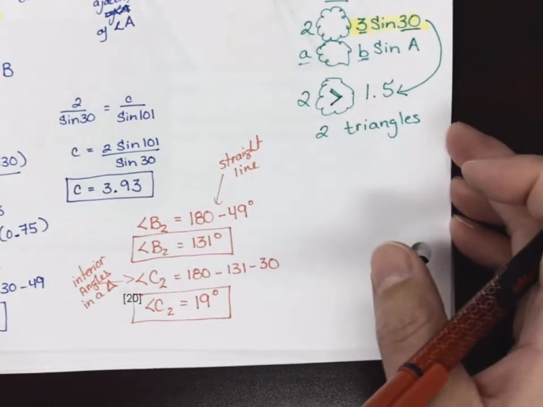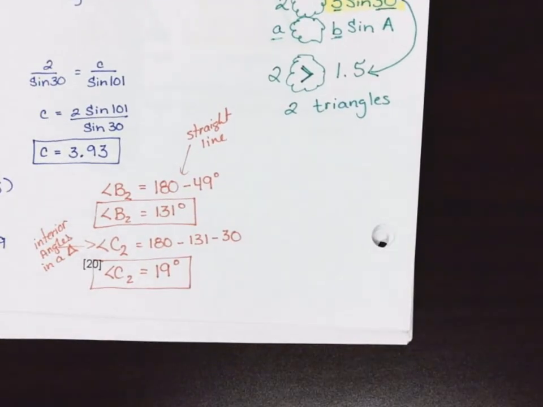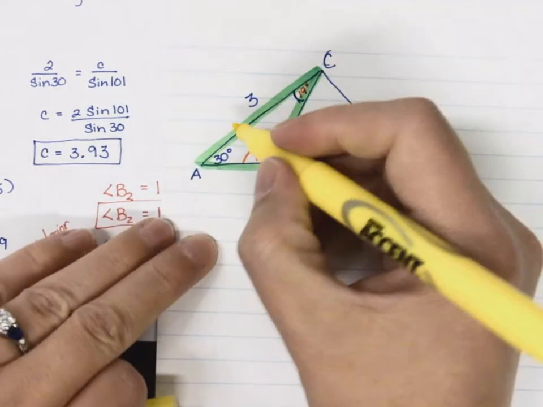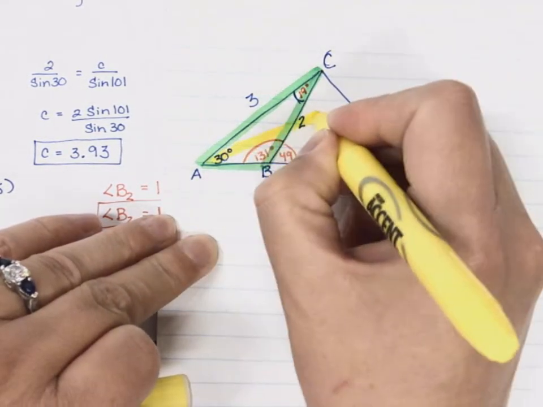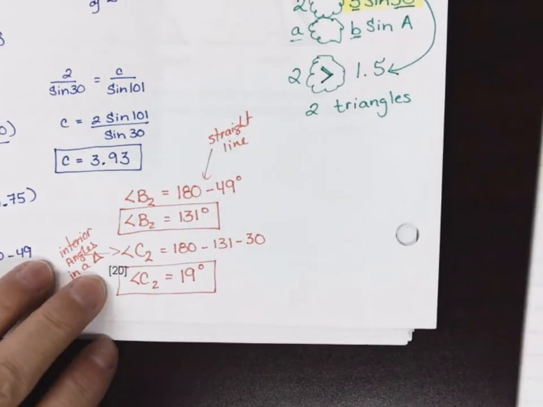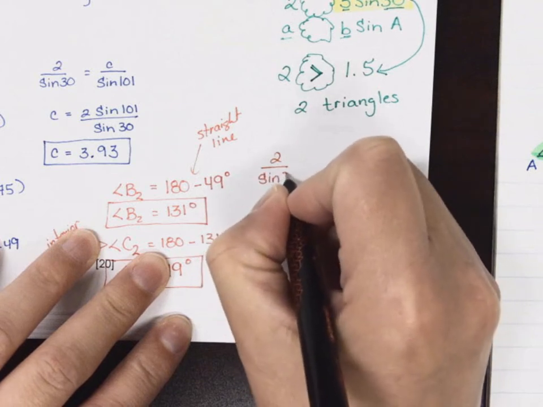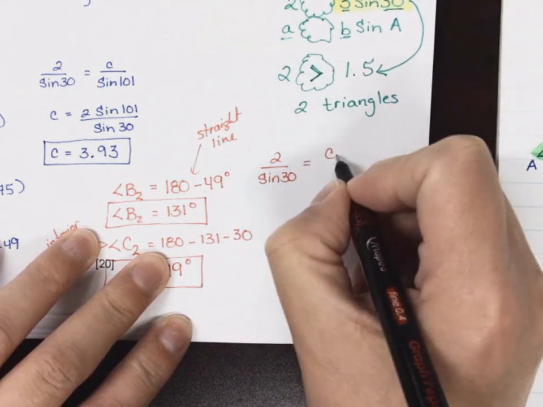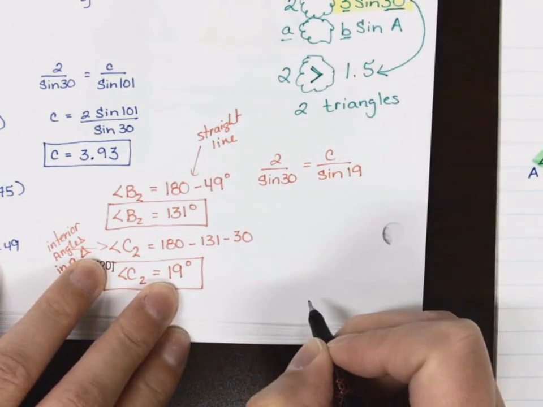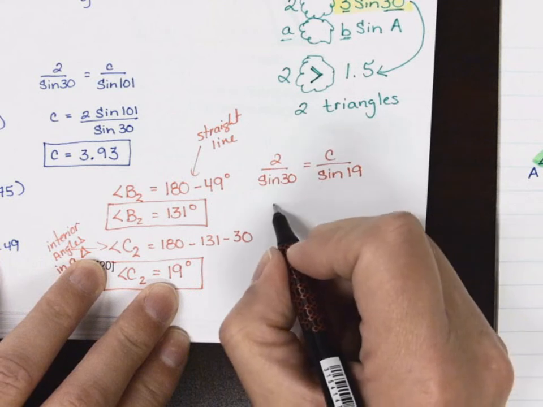So now we're going to go ahead and solve for side C. So again, we're still going to use our matching piece of information. Sorry, I keep bringing back this triangle. I'm still going to use the 30 and the 2 because they're still there in my small triangle. And now we're going to solve for side C. So we have 2 over sine 30 equals C over sine of 19. I'm going to cross multiply. And I won't skip steps this time if that weirded you out.